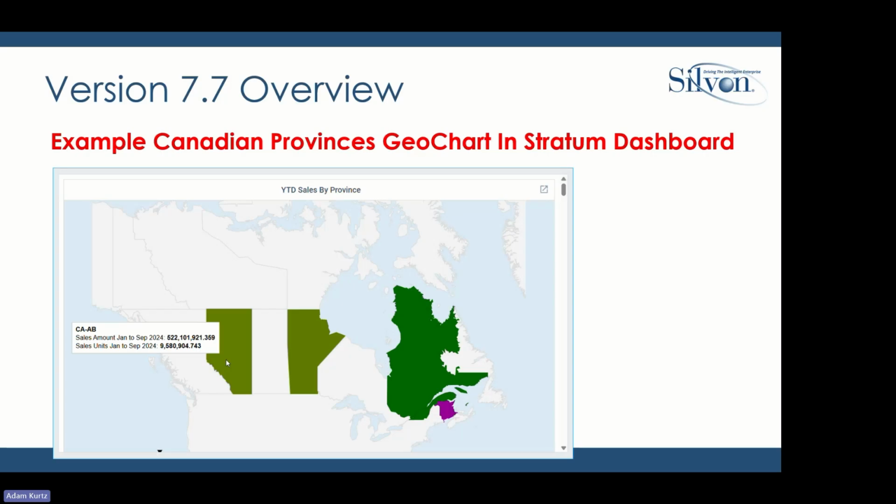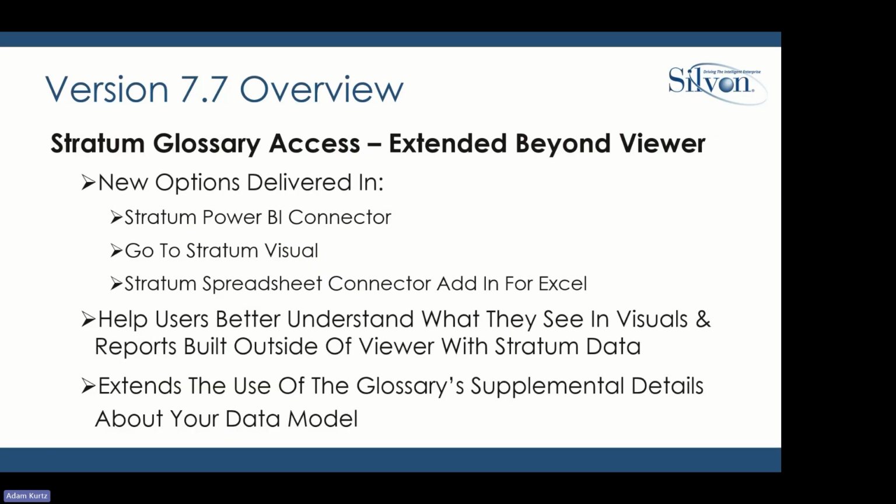So yeah, that's been added, and then also like I said earlier, when we started the glossary, accessing some of that data has been extended beyond just the user interface viewer. You can now get access to some of that data within the Power BI connector, the go to Stratum visual that's part of the Power BI connector, and also the new spreadsheet connector add-in for your spreadsheets.